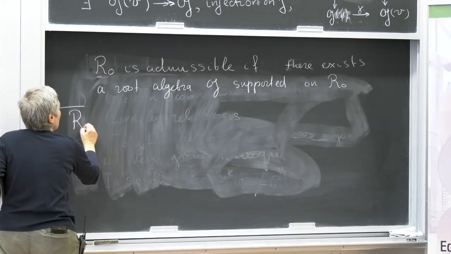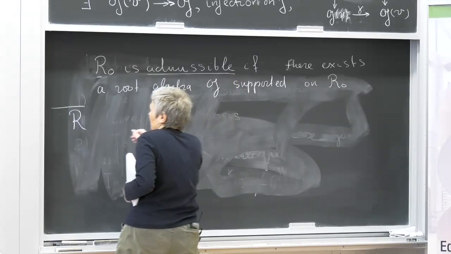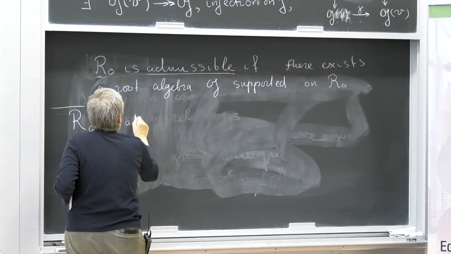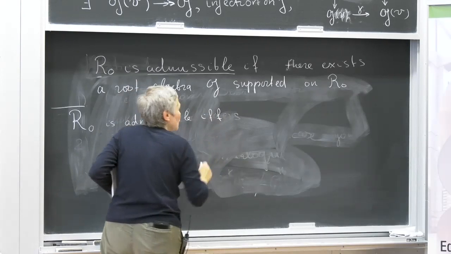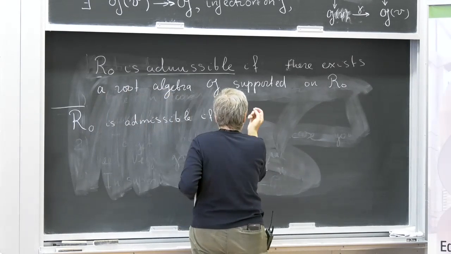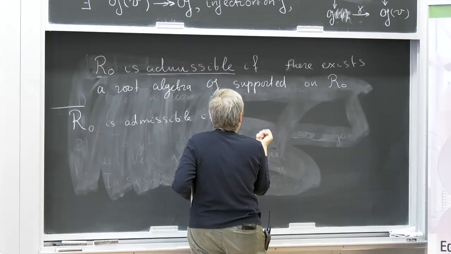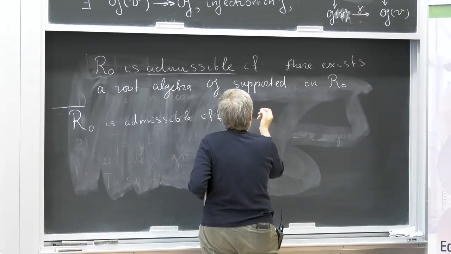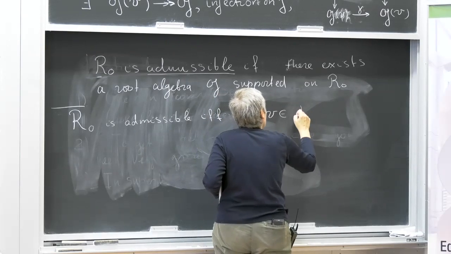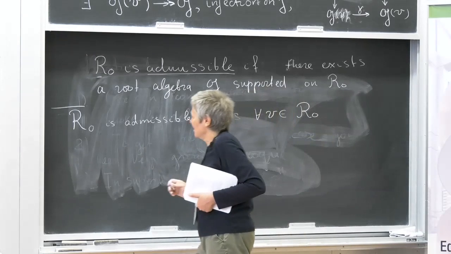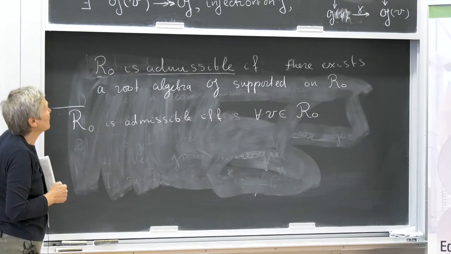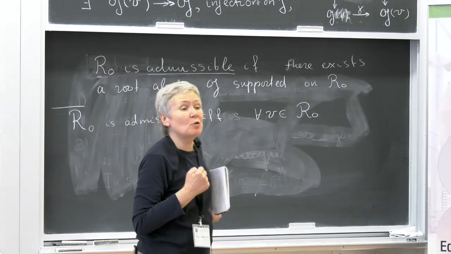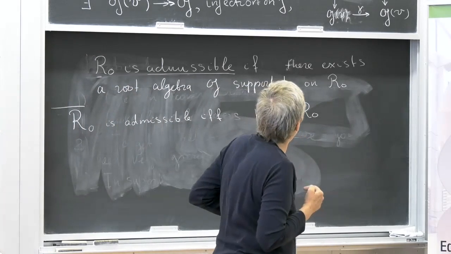R0 is admissible if and only if, for every reflectable index at every V, there is no top arrow.